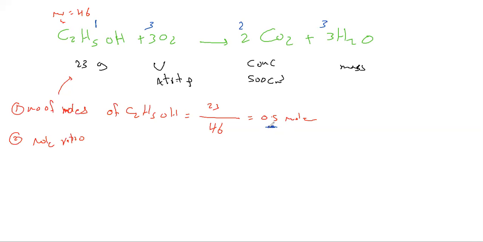After that, we calculate the new one to be 0.5. So 0.5 will produce, by cross multiplication, 1.5. 1 gives 3, 0.5 gives 1.5. 1 gives 2, 0.5 gives 1. 1 gives 3, 0.5 gives 1.5. This is number 2.